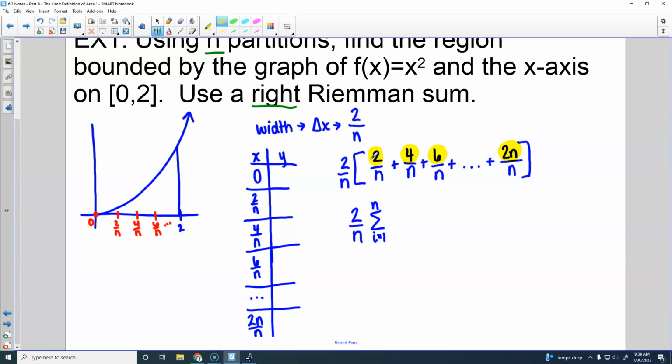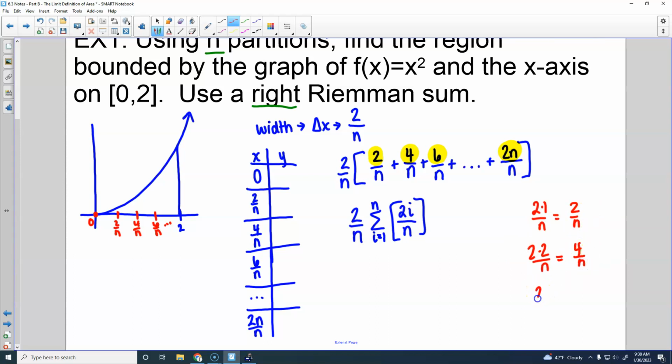We do 2i, right? So if we make this 2i over n, like that, let's test it. Let's make sure that's going to work. If we plugged in 1, we'd get 2 times 1 over n, which would be 2 over n, right? If we plug in 2, 2 times 2 over n, which would be 4 over n.